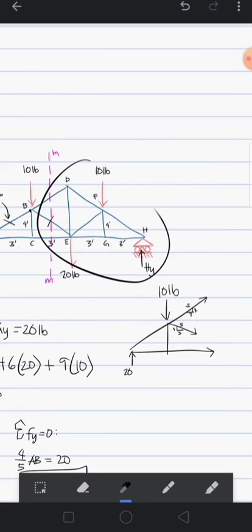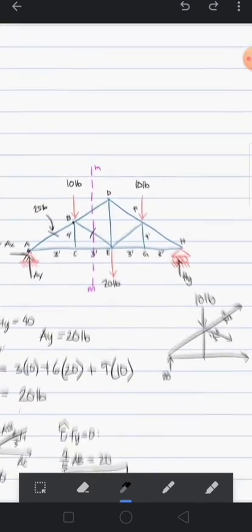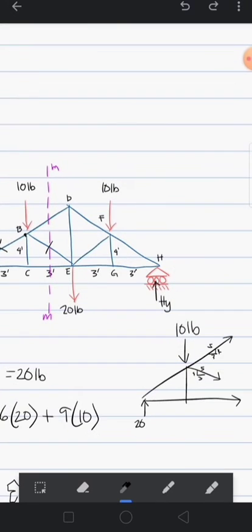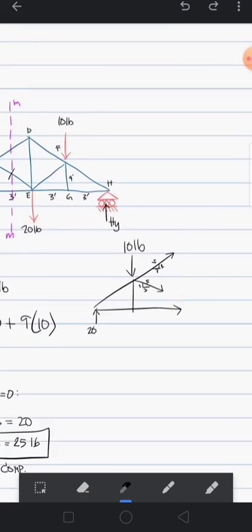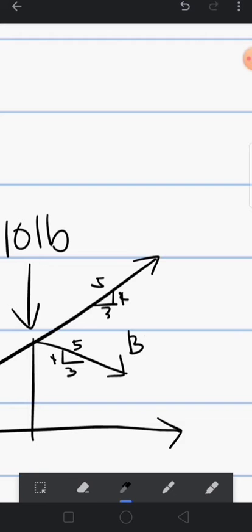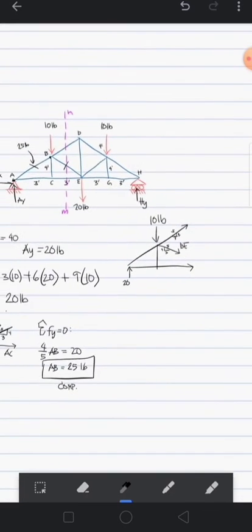Any loads to the right don't matter, since you chose the plane and are using the left side, so you won't include them. Only the 20 pounds and 10 pounds are in this free body diagram. So this is BE, point E right here.